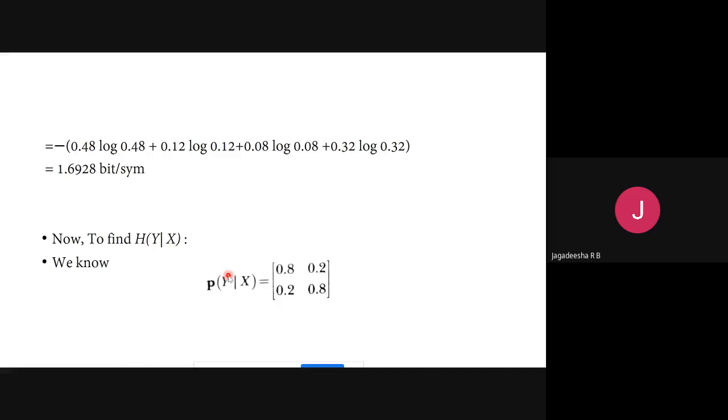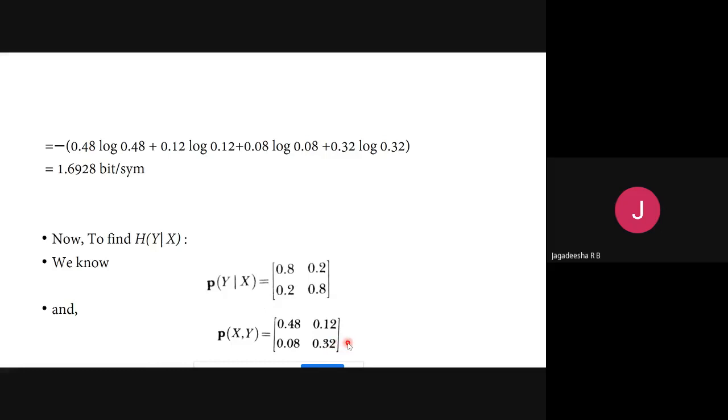The conditional probability of output is nothing but the channel matrix itself, right? And do we know the joint probability? That is what we found. The student helped me find the answer. Just verify the last number, and use that right answer.